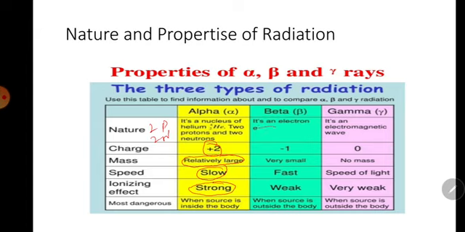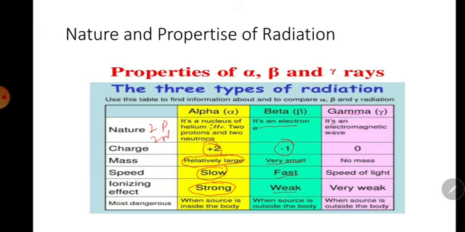Beta particle: its mass is equal to the mass of an electron. Charge equal to an electron, very small mass, fast, high velocity. Ionization power is weak as compared to alpha rays. When the source is outside the body, it is then dangerous.